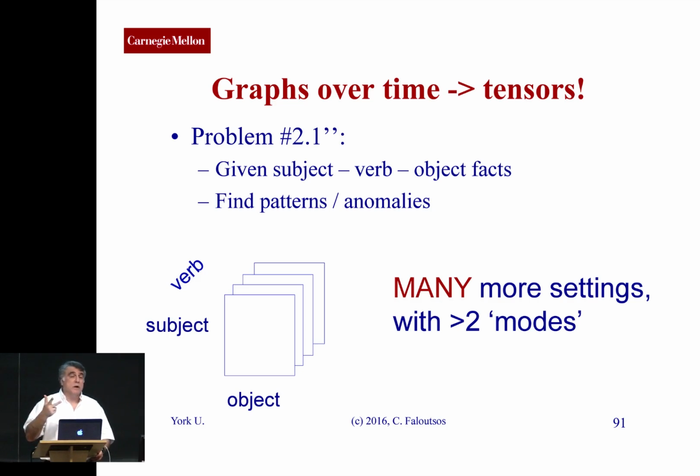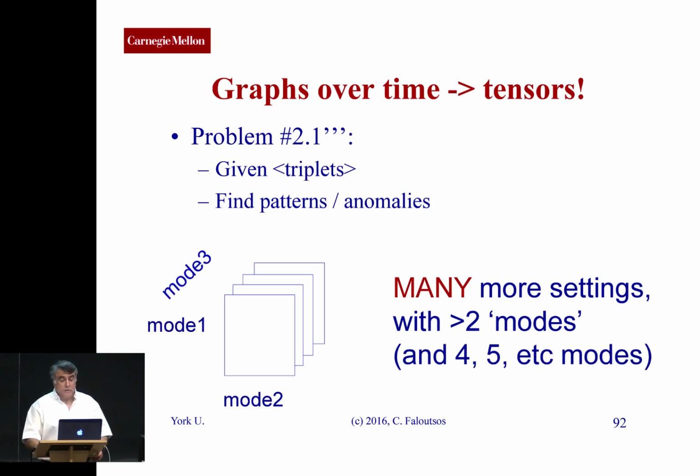Obama is president of the US. Steve Jobs was the CEO of Apple. So we have all this subject, verb, object, and then we want to find patterns. We want to find the politicians, the CEOs, the artists, and so on. And the list continues. We could have 3 modes and many more.